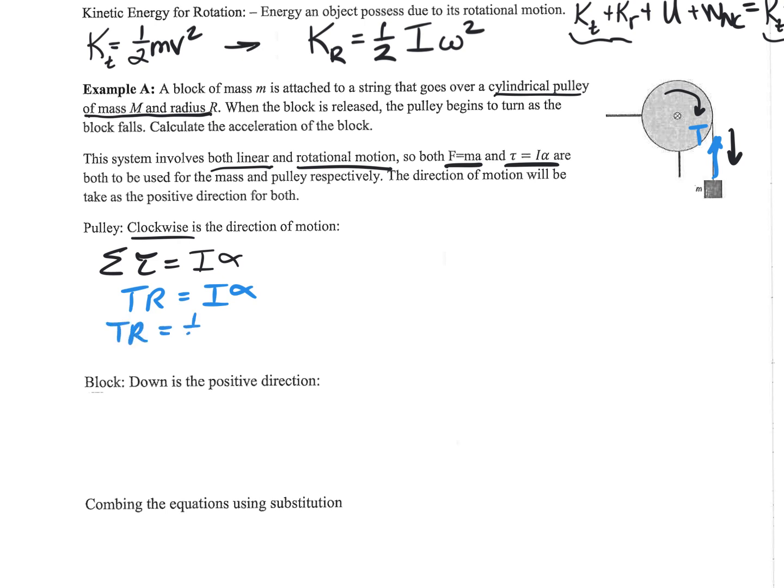For a cylinder, I is 1/2 MR squared, and alpha, we want to know acceleration, so alpha is a over R. Marking some stuff out, this R and that R squared go away, don't they? So T equals 1/2 MA.